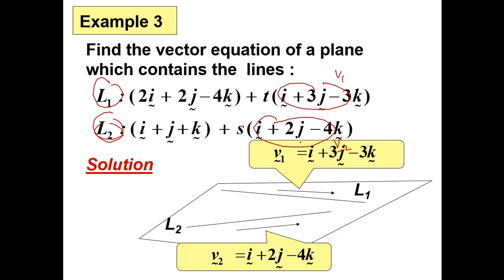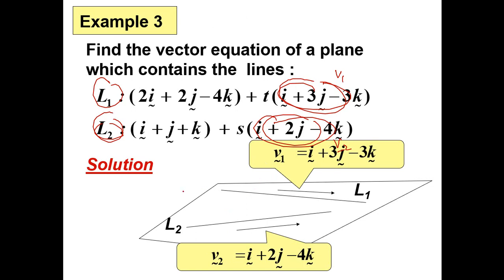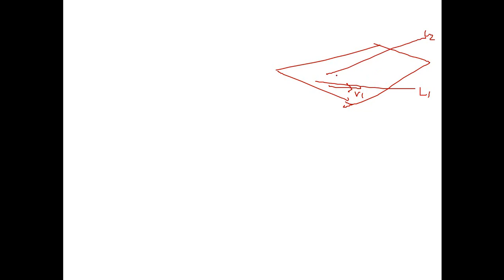For a line, you just take this vector to show the line. This is the plane, with line L1 or V1, and L2 or V2.